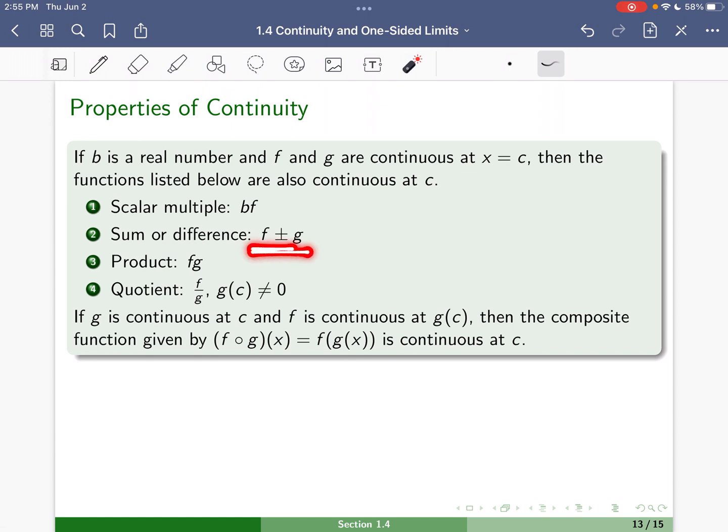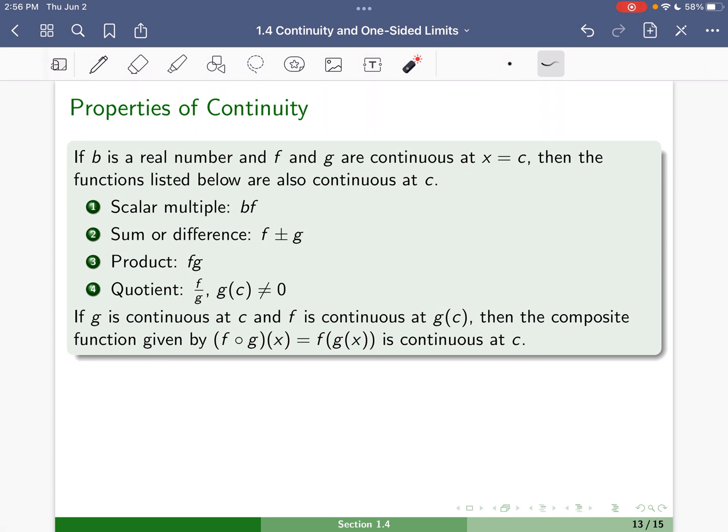Sums and differences of f and g are continuous wherever f and g are continuous. Products are continuous wherever f and g are continuous. Quotients are continuous wherever f and g are continuous, provided that when we plug in that value c, it's not going to give us 0 in the denominator.